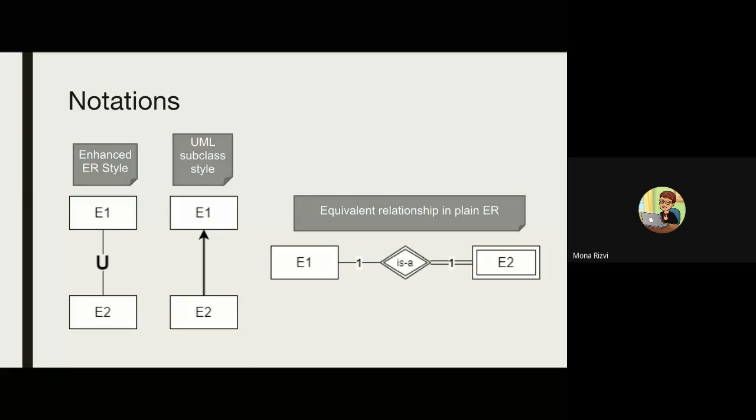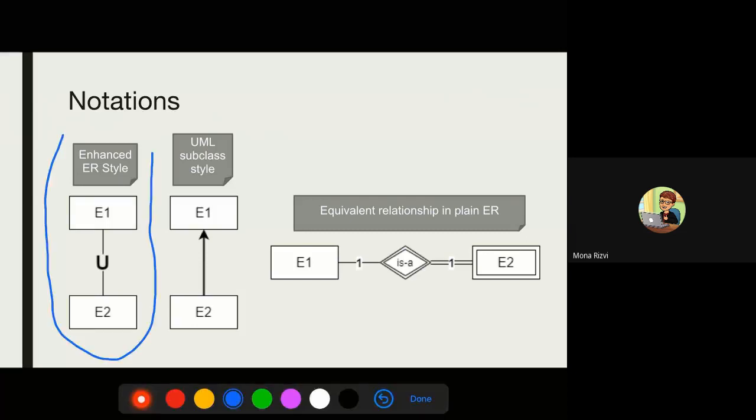So there's different notations for this. The first one here is called enhanced ER, and we find it presented in the book by El-Masri. I'm not so sure that it appears in any other texts, but they use this kind of upward facing U, where E2 is a subclass of E1.